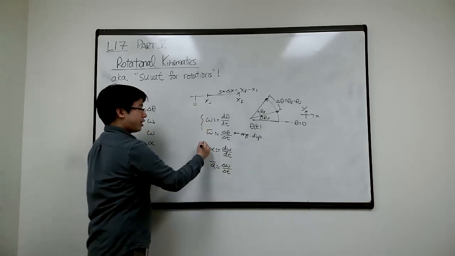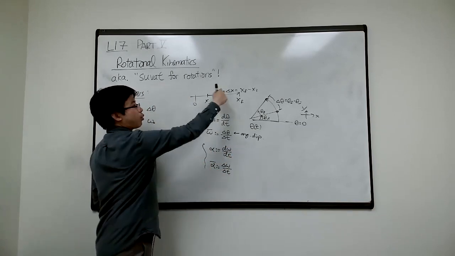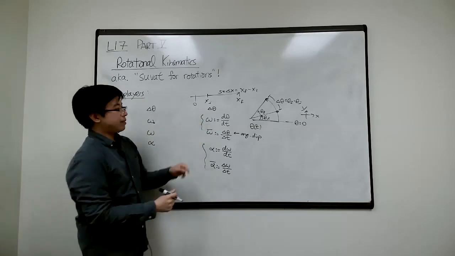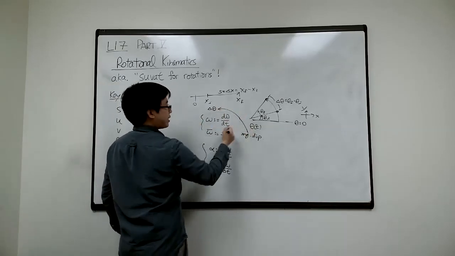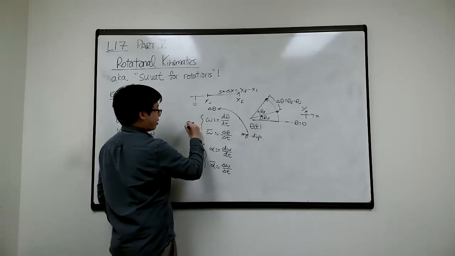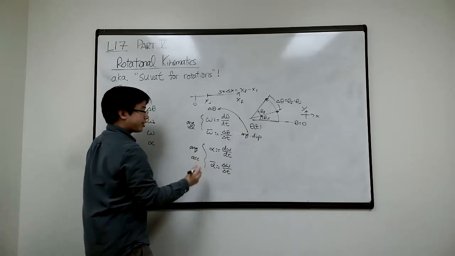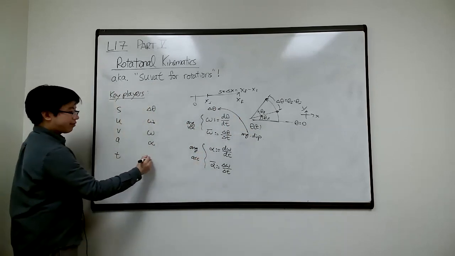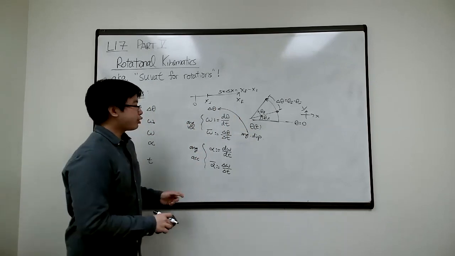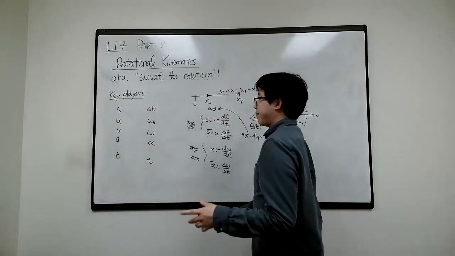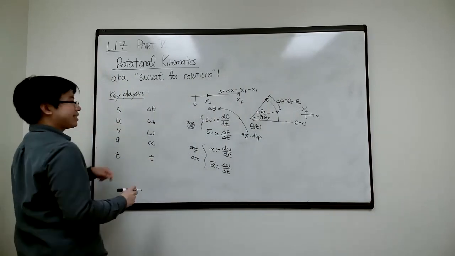So very similar: this is angular displacement, this is angular velocity, instantaneous and average, and this is angular acceleration. And we have time. So these are the key players. And believe it or not, the SUVAT equations are exactly the same. You just replace the English letters with Greek letters, and you're done.